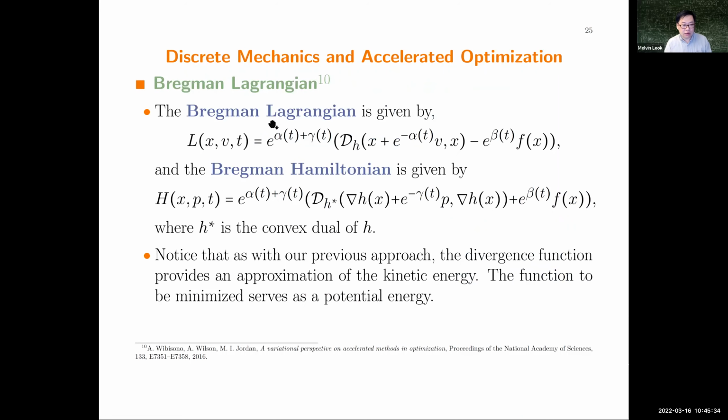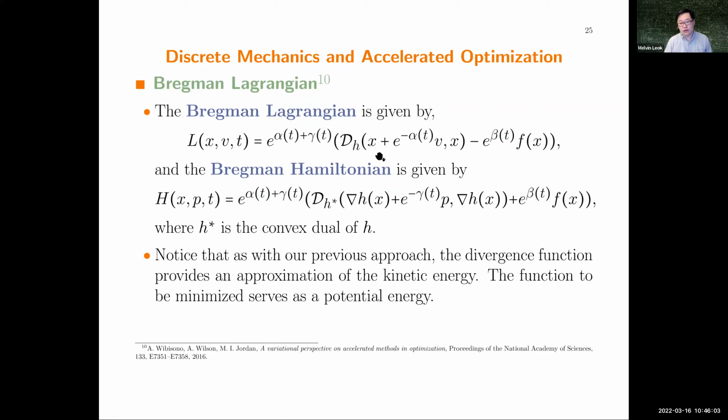Michael Jordan and his collaborators have introduced this idea of a Bregman Lagrangian, a Bregman Hamiltonian, which is given here, and it has a bunch of parameters alpha, beta, and gamma. But you'll see that its form is at least a bit evocative of the discrete Lagrangian, which I had introduced earlier for approximating certain classes of machine learning algorithms.